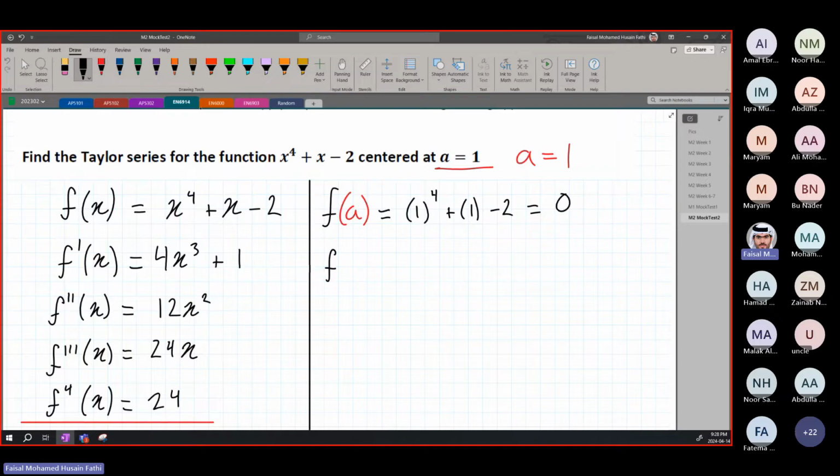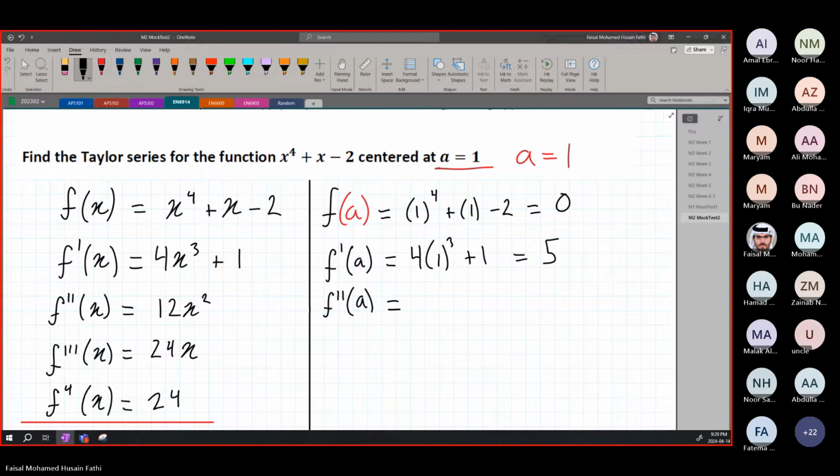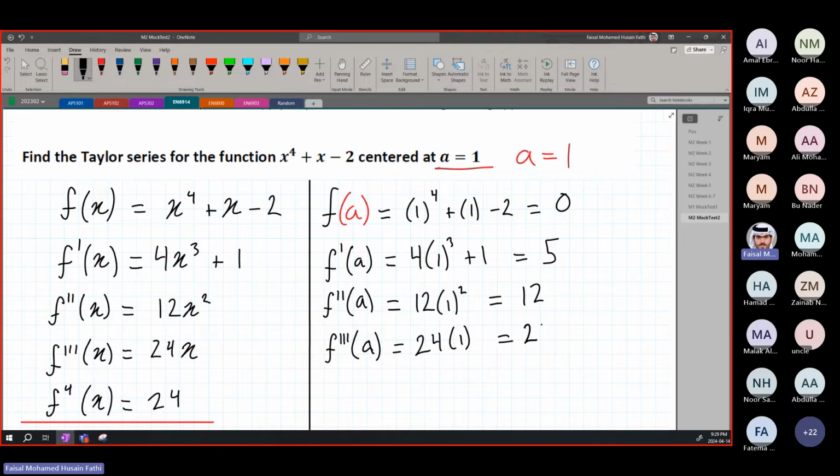We will do the same thing for f prime of a. That is equal to 4 times 1 cubed, which is just 1, plus 1. So it's equal to 4 plus 1, which is 5. You'll do the same thing for your double derivative. We're going to substitute 1, so it's 12 times 1 squared, which is just 12. Same thing for the third derivative of a: 1 instead of x is going to be 24 times 1, which is simply 24.